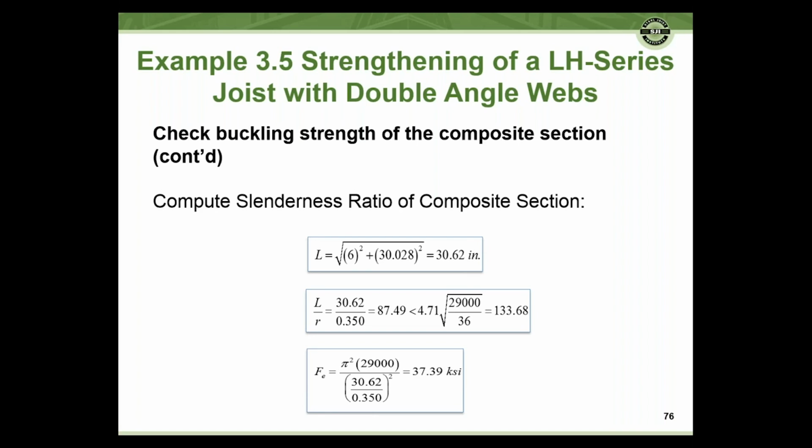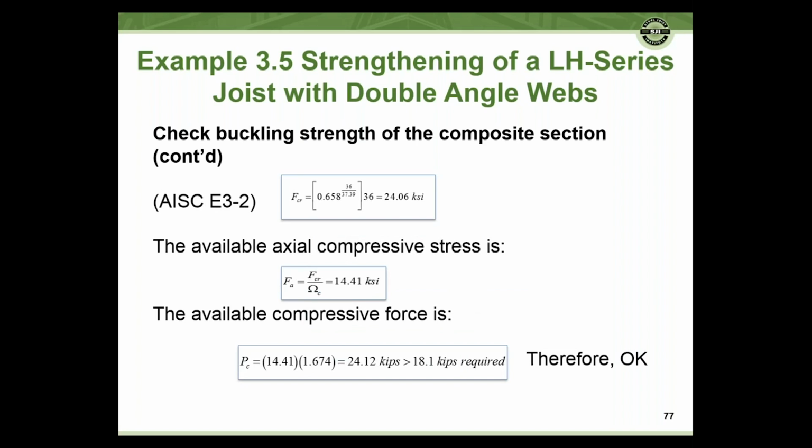We checked that against our limits, and found it's less than what our limit is, so we have to determine which equation we're going to use to determine F critical. So we calculate F sub e, pi squared E over (L over r) squared, and we get 37.39 for F sub e.